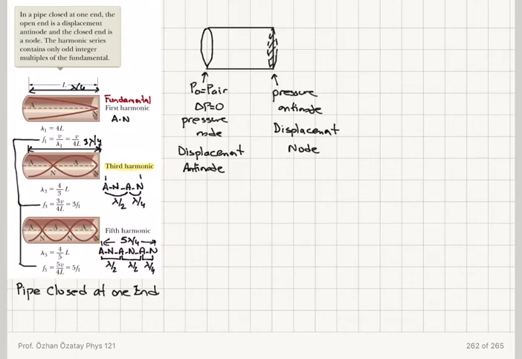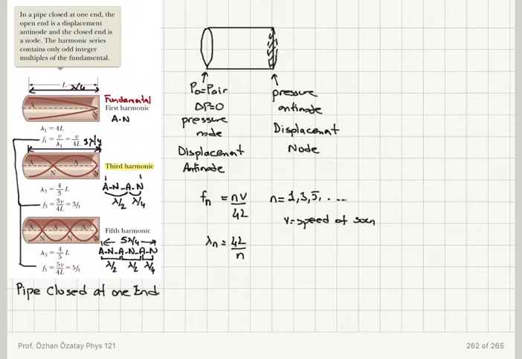All right. So in summary, I find that my frequencies are given by Fn equal to nV over 4L, where n is an odd integer, 1, 3, 5, etc. And the wavelengths are given by 4L divided by n, where n is this odd integer.